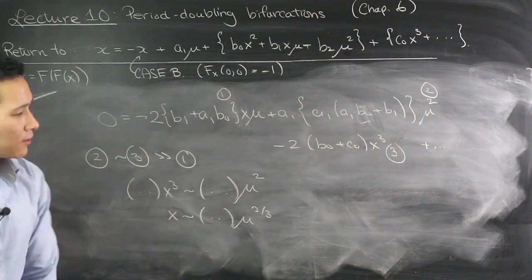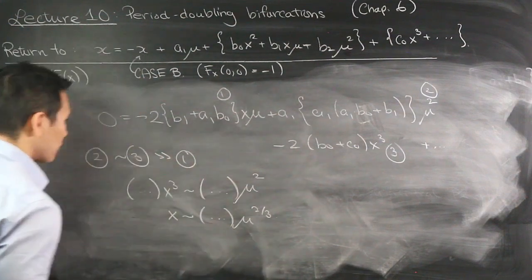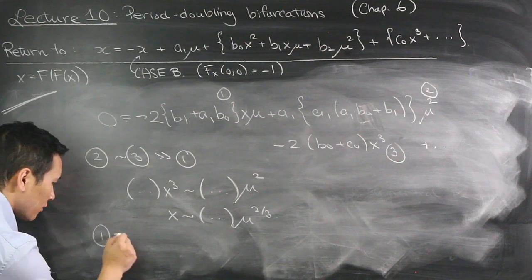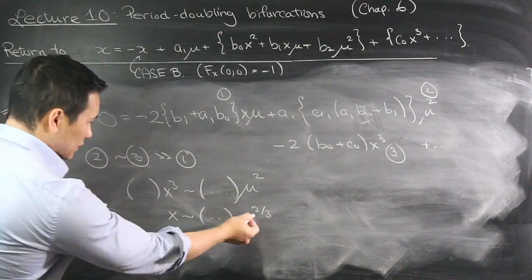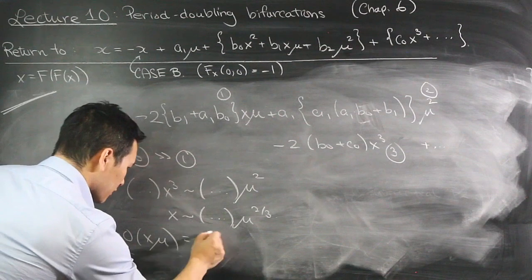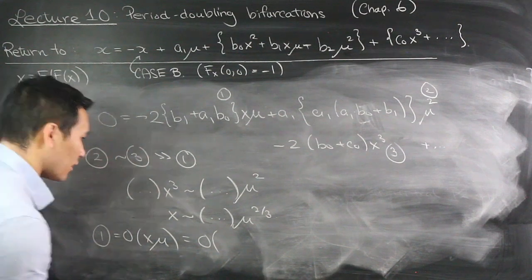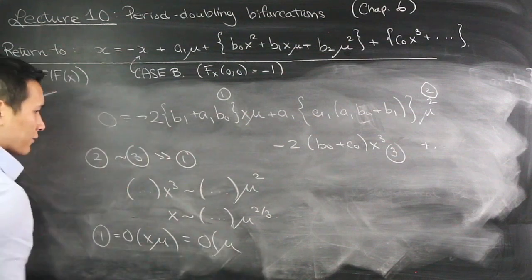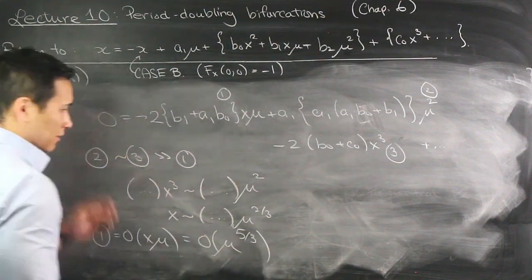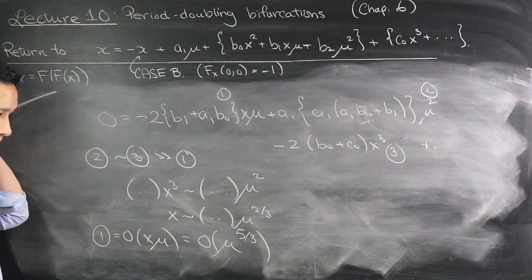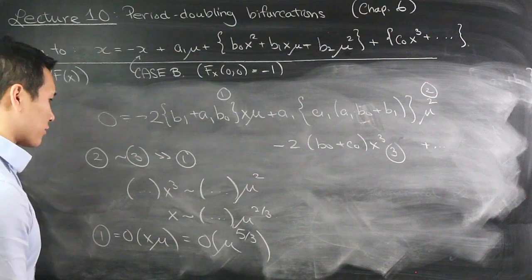So then you ask, is this truly bigger than 1? But 1 here is order x times mu. So if x is mu to the 2/3, this is order mu, and then I have to add 1, that's 5/3. Right? 2/3 plus 3/3, that's 5/3. So 1 is mu to the 5/3.